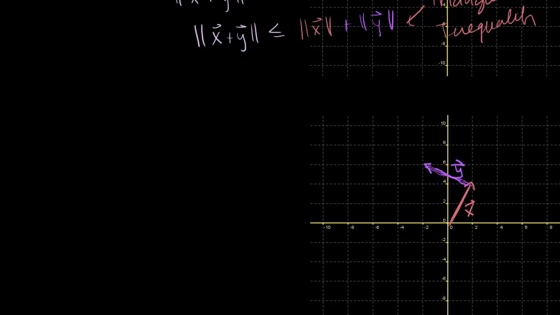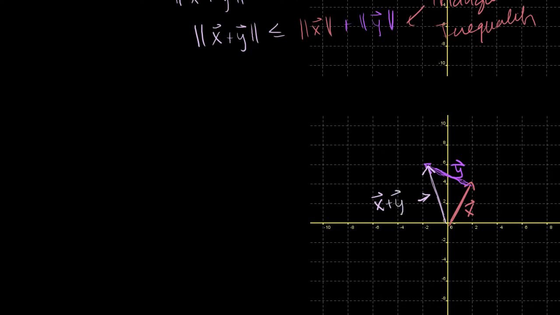Then what does x plus y look like? And remember, I can't necessarily draw any two vectors like this in two-dimensional space. I'm just assuming that these are in R2, but this is just to give you the idea. So this is their sum, right? You took from the tail of x to the head of y. So this vector right here is the vector x plus y.